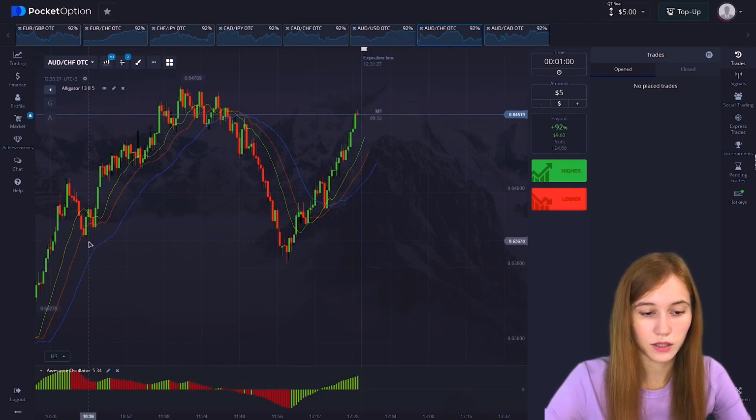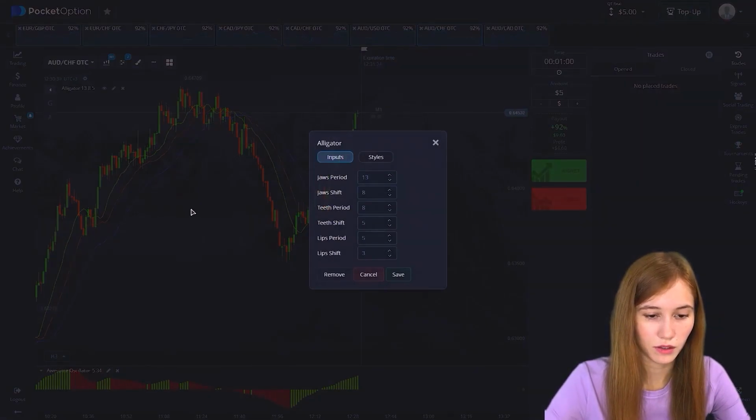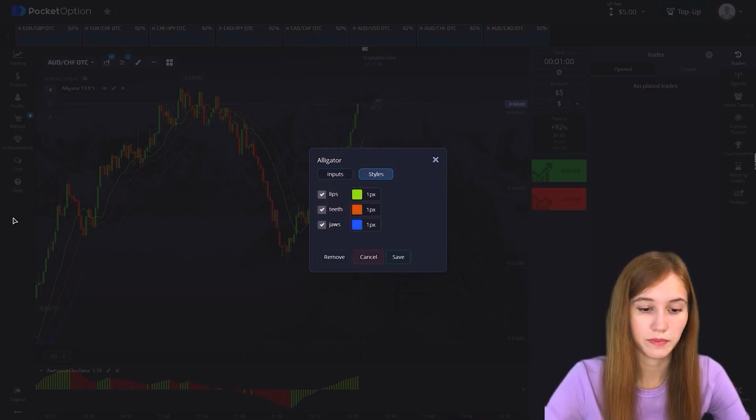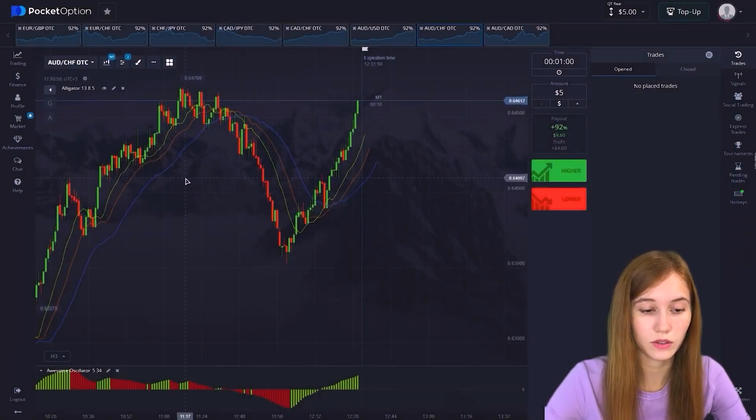So let's talk a little about indicators. The first one is the Alligator. It is located on our chart, with its parameters and values here, but the standard settings are suitable for most time frames. Also, don't be afraid to play with the values.